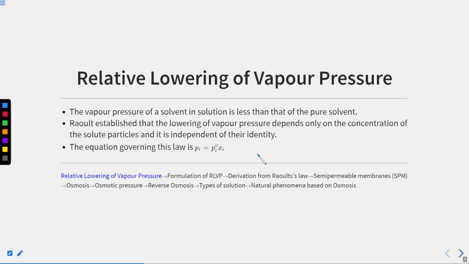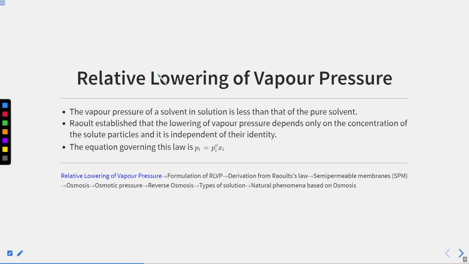Upon addition of this non-volatile particle, they cover the solution in some way, and they do not allow the solvent particles to escape as easily as they were escaping in the pure form. Due to this reason, we see a decrease in the vapor pressure, and this is called lowering of vapor pressure.